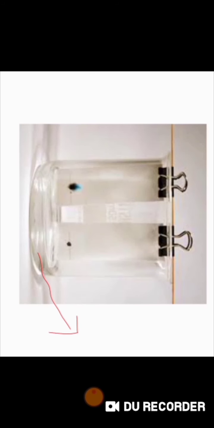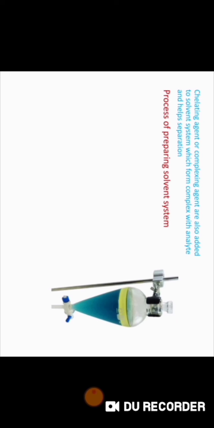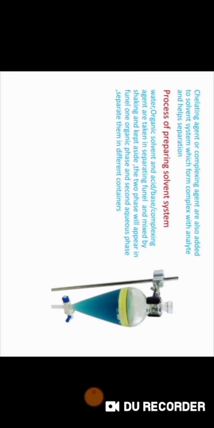Here in the figure there is a beaker, and at the bottom, indicated by the red arrow, is the solvent system. Chelating agents can also be used, which will work as complexing agents, forming a complex with the analyte, which helps in separation.